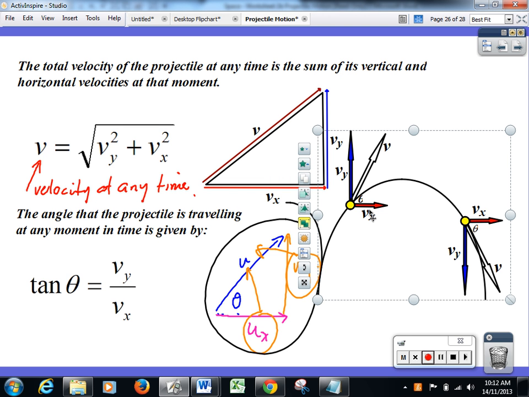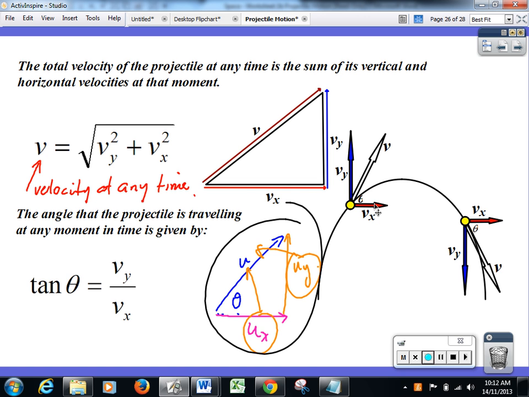Because the horizontal motion is constant. But what we want to know is not what it's doing sideways or vertically. We want to see what it's doing in reality, the combined motion, which is this vector here. So that white vector there is the addition of the other two.